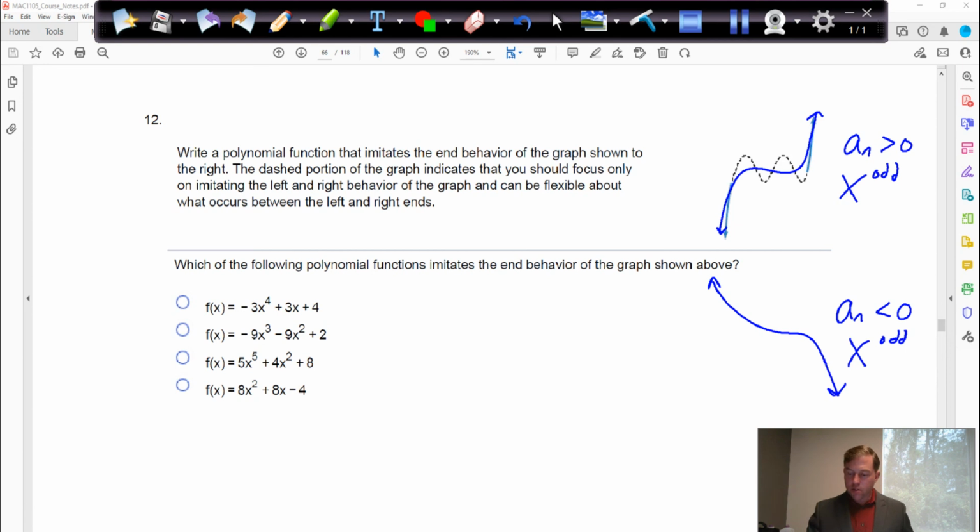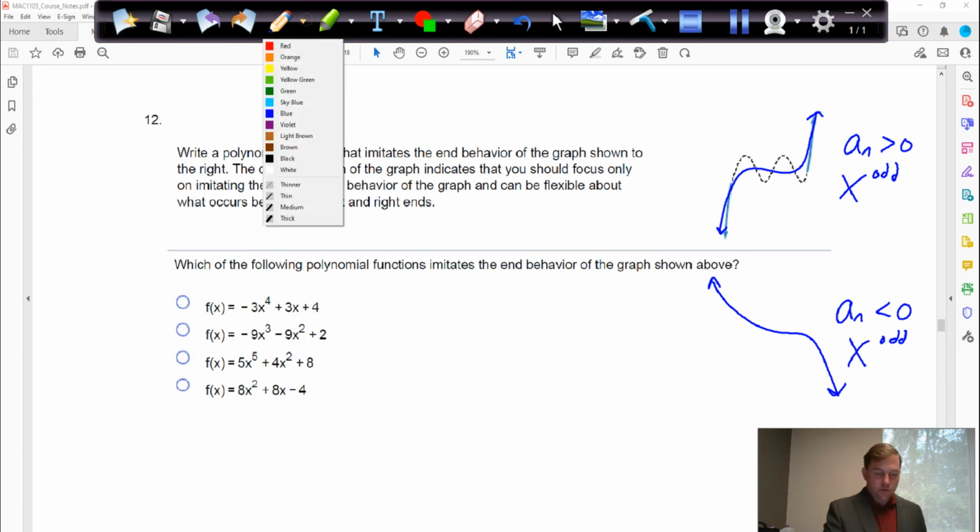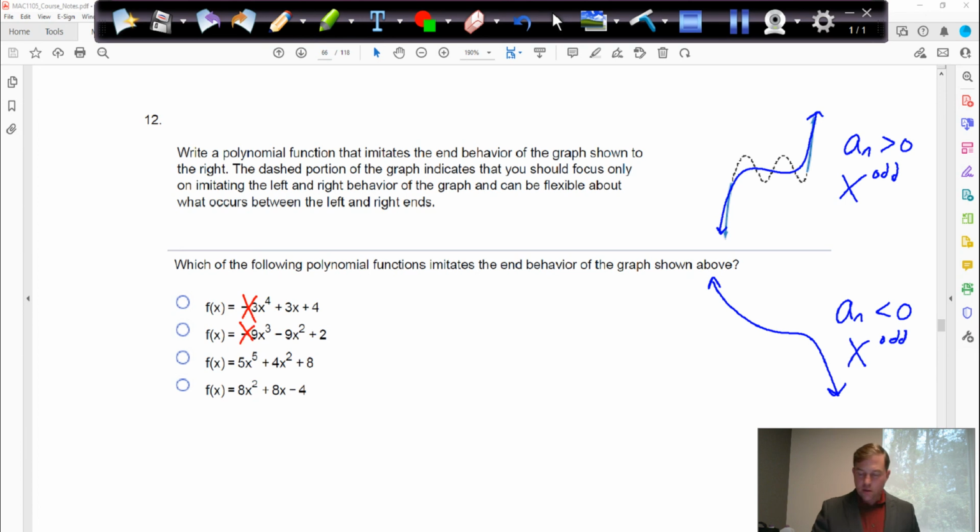But ours is this one, an is positive, so again, we can throw out any negatives, and x is odd, so we can throw out x squared. It has to be the third one. So the only possible polynomial out of these choices, this one could be 5x^5 plus 4x squared plus 8. And that will complete section 3.2.